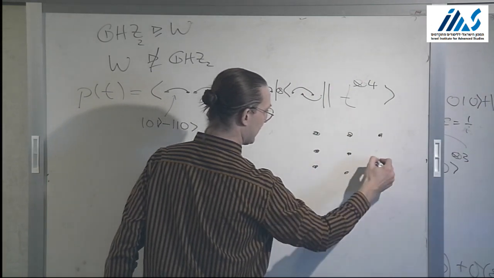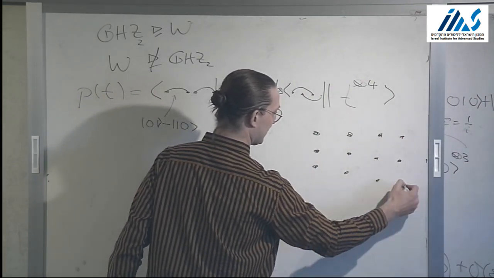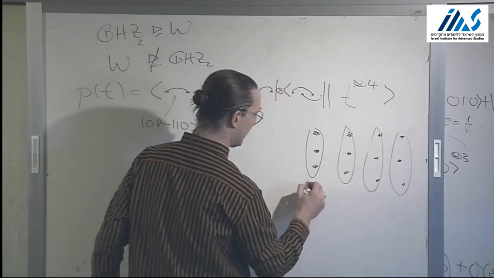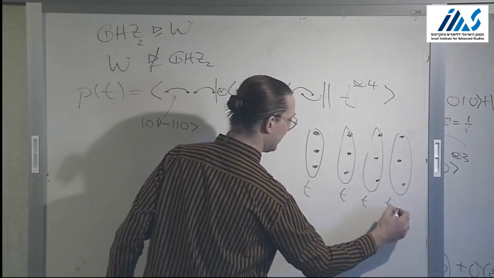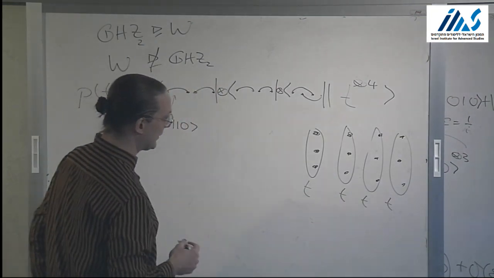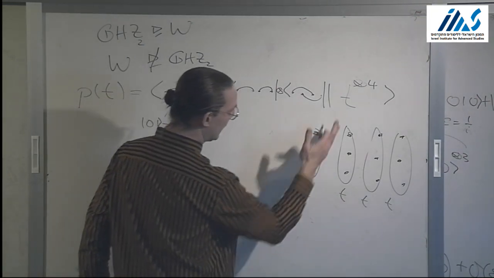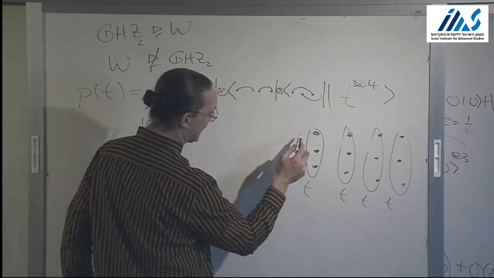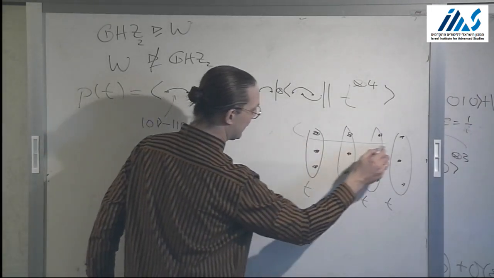So this is my tensor. These are my 4 tensors T, right? This is T, T, T, T. And this is kind of like what's on the right-hand side. On the left-hand side, I give you vectors that live in these parts.